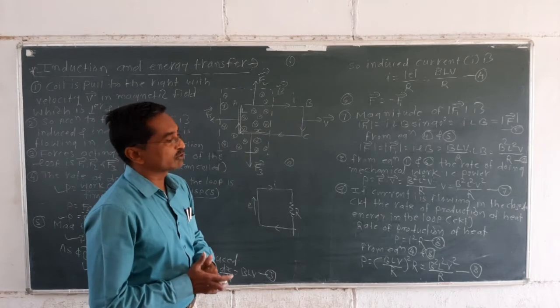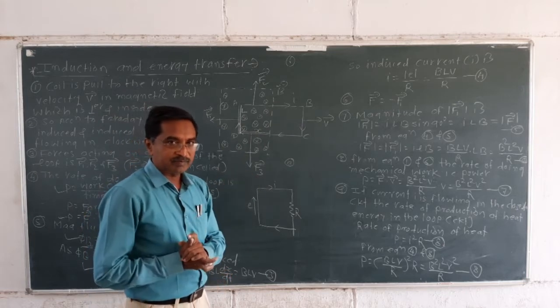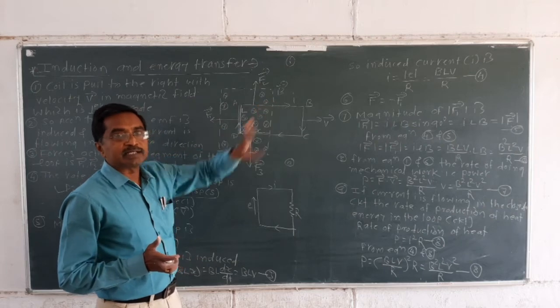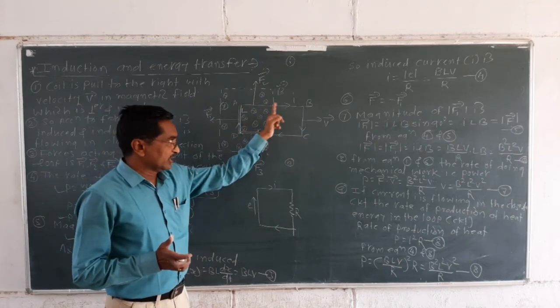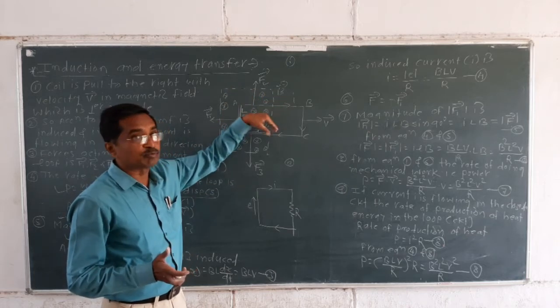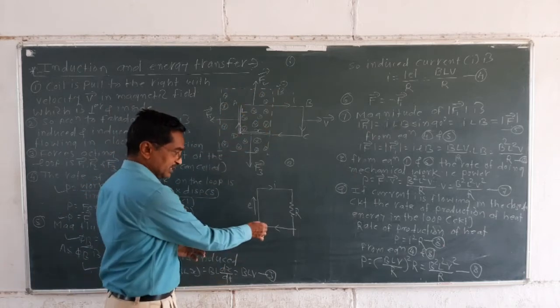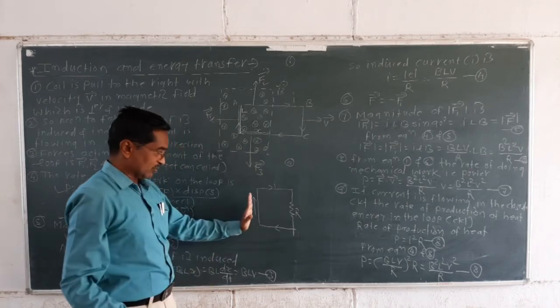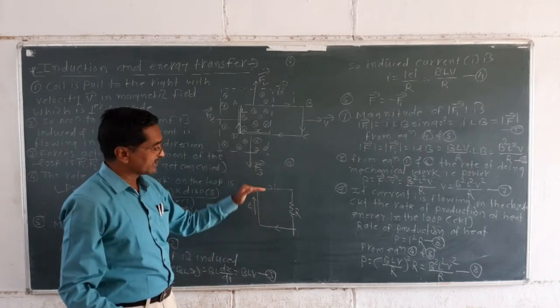Now see, suppose EMF is induced, and due to that EMF the induced current is flowing through this loop. Suppose the resistance of this loop is R. As shown here, the induced EMF E is generated in the coil.